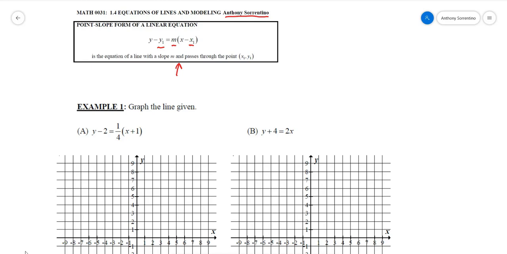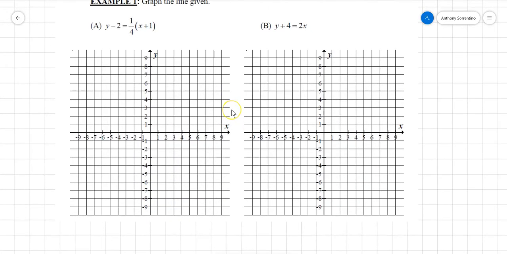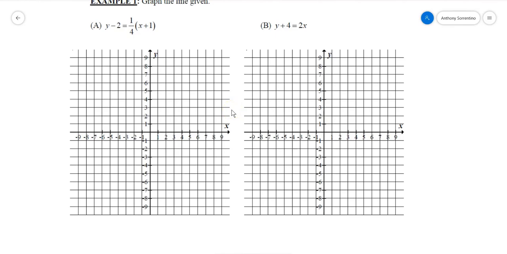So when you look at example 1 part A, you're asked to draw the equation of that line. It's already in point slope form, so it's already pretty straightforward. The only tricky part is, and I'm going to do a quick rewrite of it, is I have to be able to look at this as it's saying y minus 2 on the left equals 1/4 x minus a negative 1.